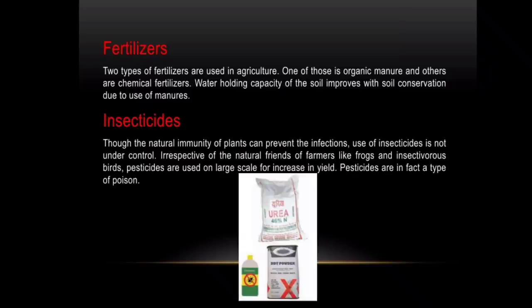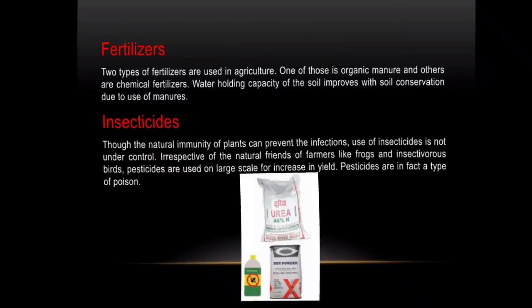Pesticides are in fact a type of poison. This poison enters the food web through water and food, and its biomagnification occurs. Various pesticides like DDT, malathion, etc. have been proved to be dangerous.